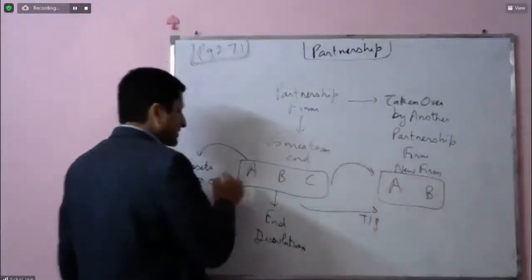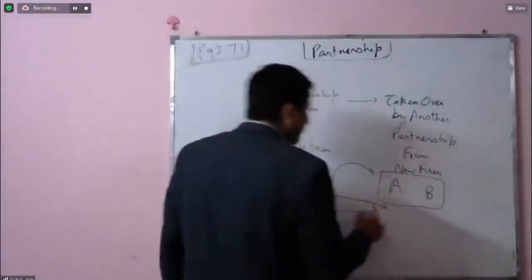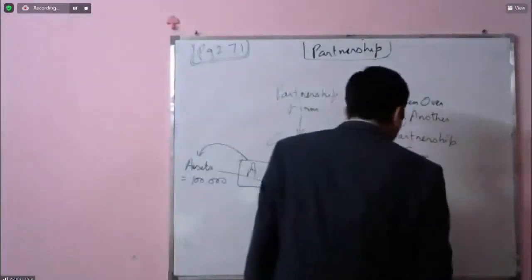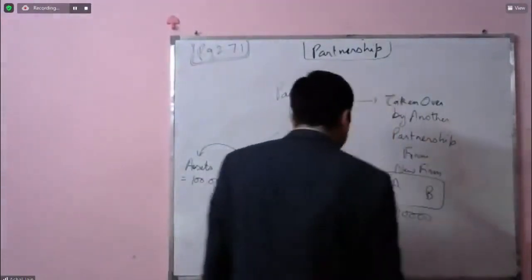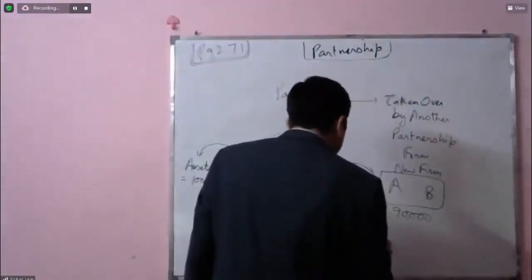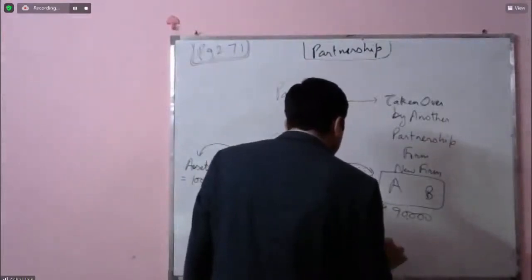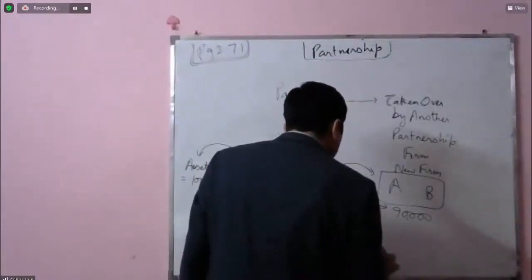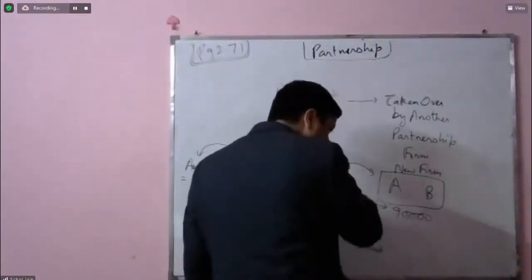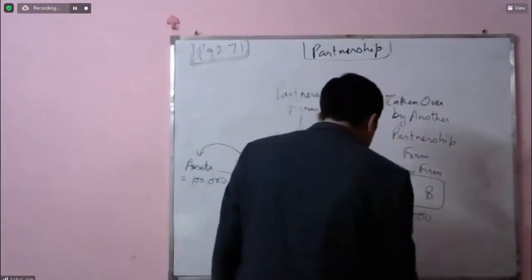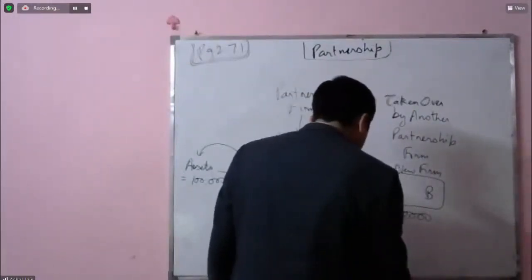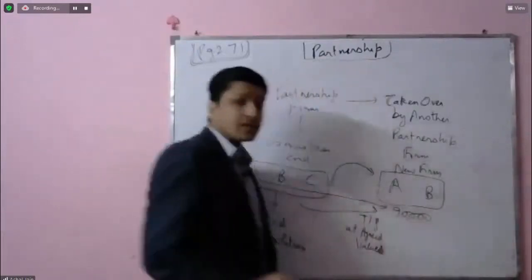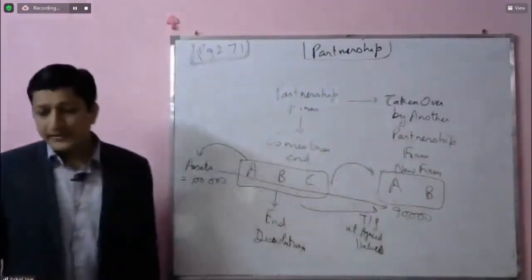So these assets will get transferred over here at 90,000. So that means assets will not get transferred at book value. They will get transferred at agreed values.